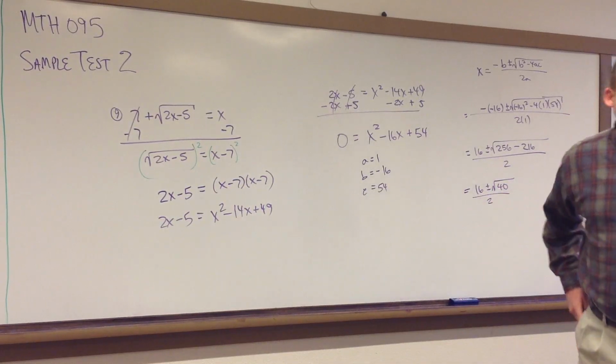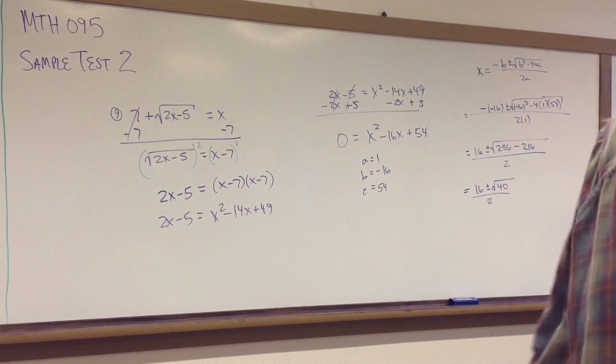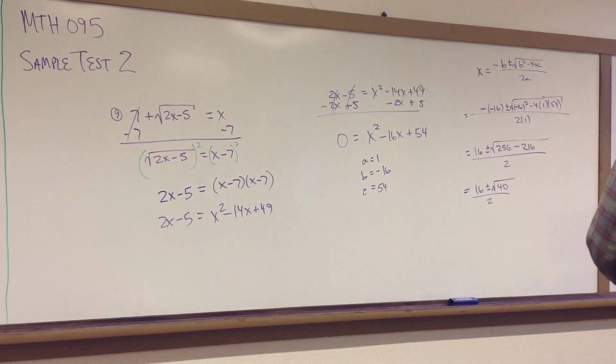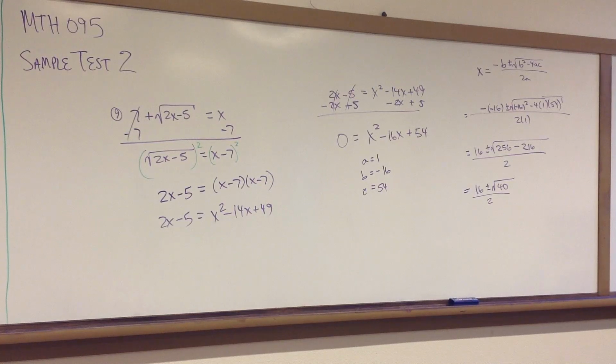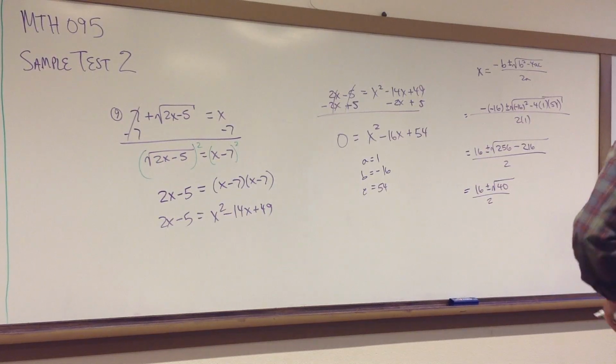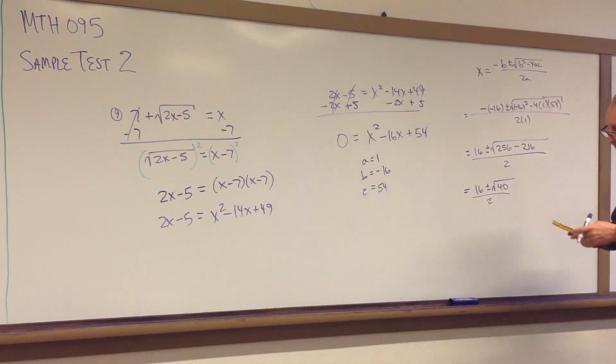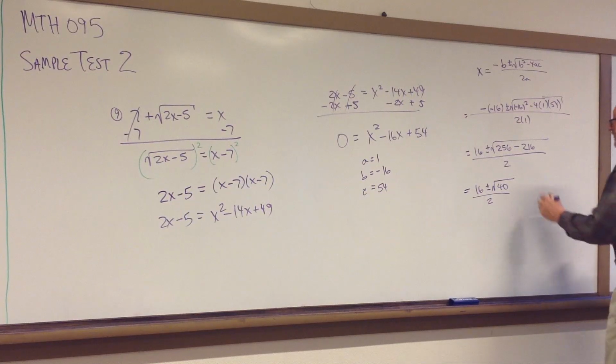So let's go ahead and approximate this. Square root 40 is 6.325, I believe. We round off to 3 decimal places. On the first page of the test, it asks you to round all irrational numbers to 3 decimal places.